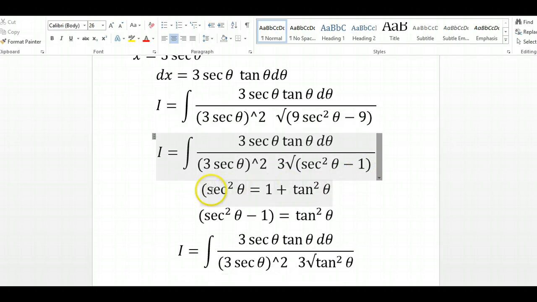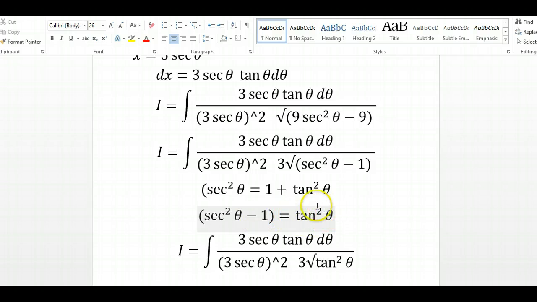Now is the time to think about the Pythagorean identities. If you remember, there is a Pythagorean identity which links the secant squared and the tangent squared: secant squared theta is equal to 1 plus tangent squared theta. So if I take the 1 over to this side, secant squared minus 1 is just tangent squared theta.